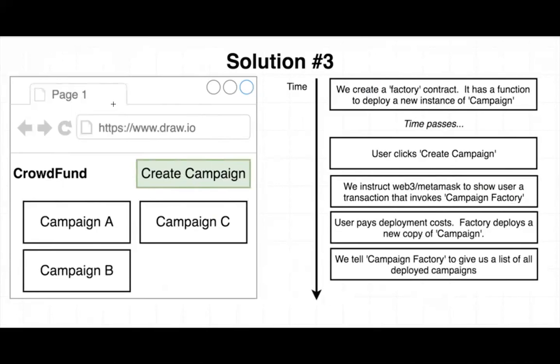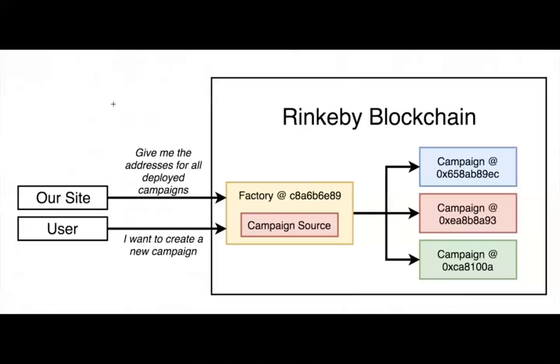So the user is going to pay for the cost, and the factory will deploy a new copy of the campaign. The campaign factory will also be used to store a list of all the different campaigns that have been deployed. So this is where we have one central location that gives me the canonical list of addresses of all the deployed campaigns.